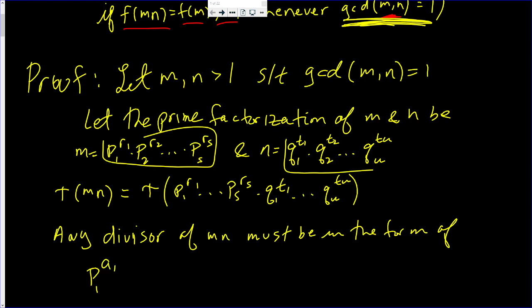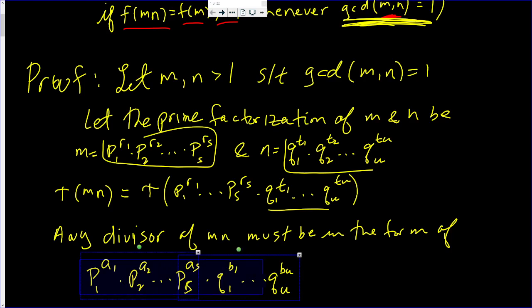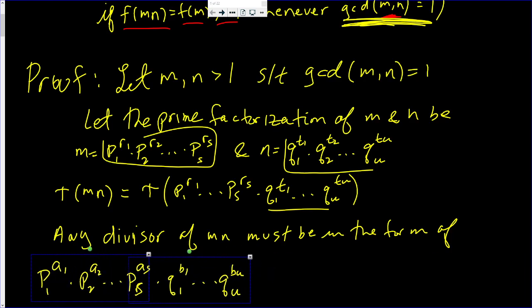Must be in the form of p sub 1 to the a sub 1 times p sub 2 to the a sub 2 all the way up to p sub s to the a sub s times the q primes, q sub 1 to the b sub 1 all the way down to q sub u to the b sub u, where now I need to explain where these powers are allowed to live.